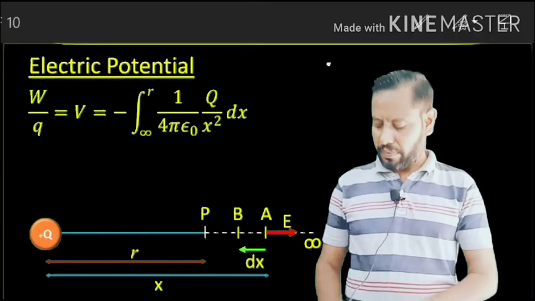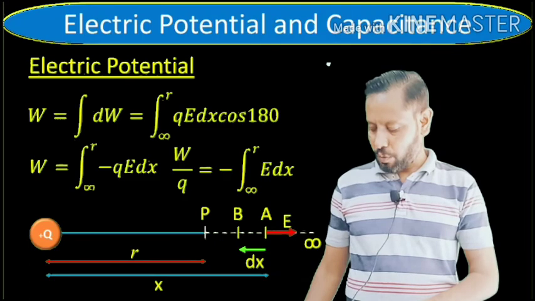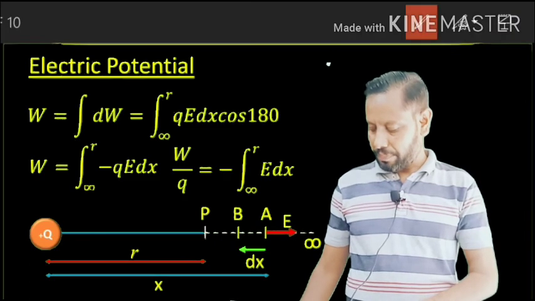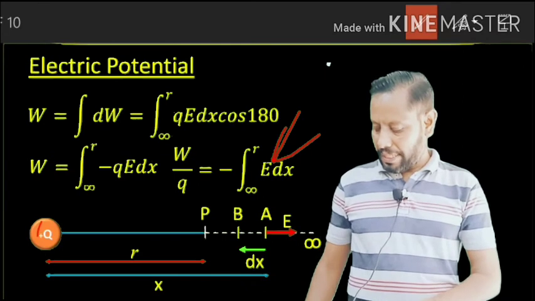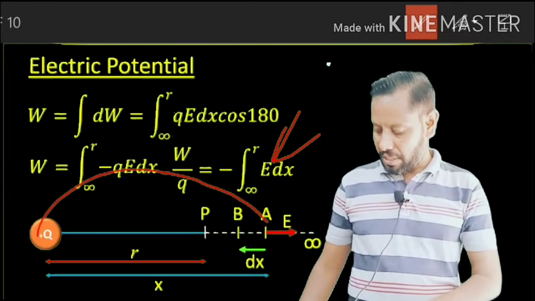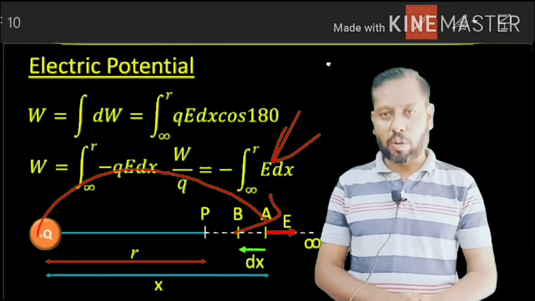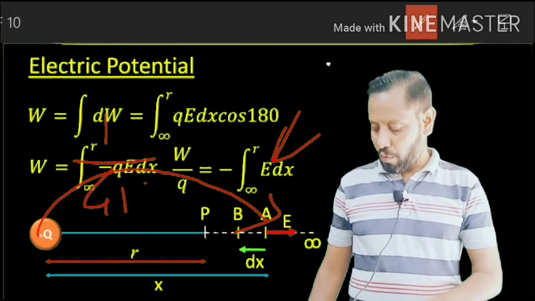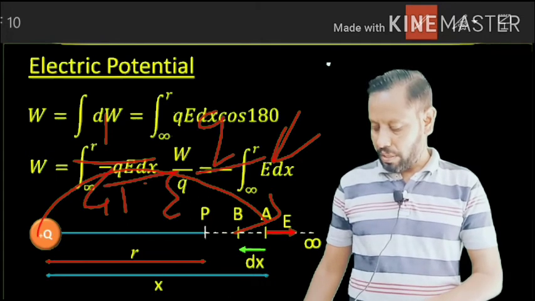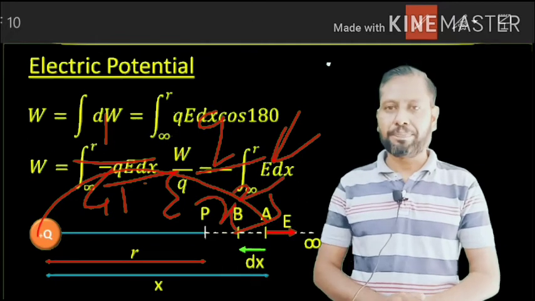How is it coming? See, in our previous case, I will show you here. You can see this is E, right? So the electric field of this charge at say x or say at A, what will that be? That will be nothing but 1 upon 4 pi epsilon 0 into q upon r square. R square means now x square.